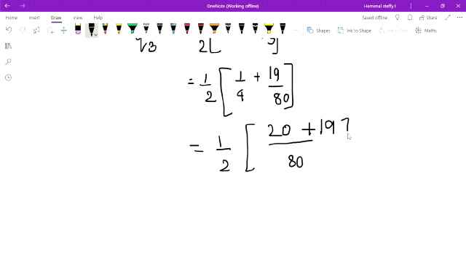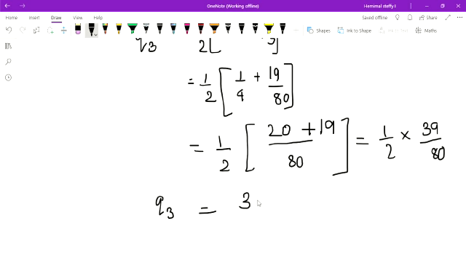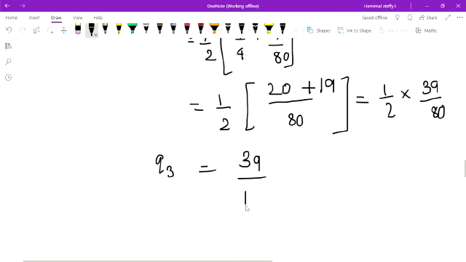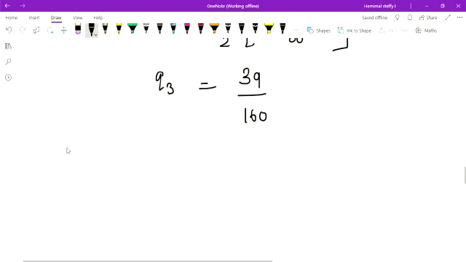So I am adding both numbers, 1 by 2 into 39 by 80. So it gives Q3 is equal to 39 by 160.